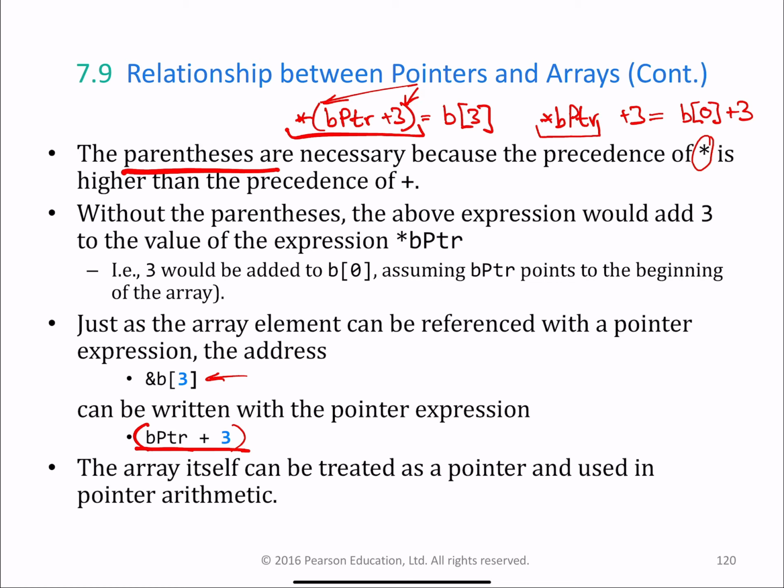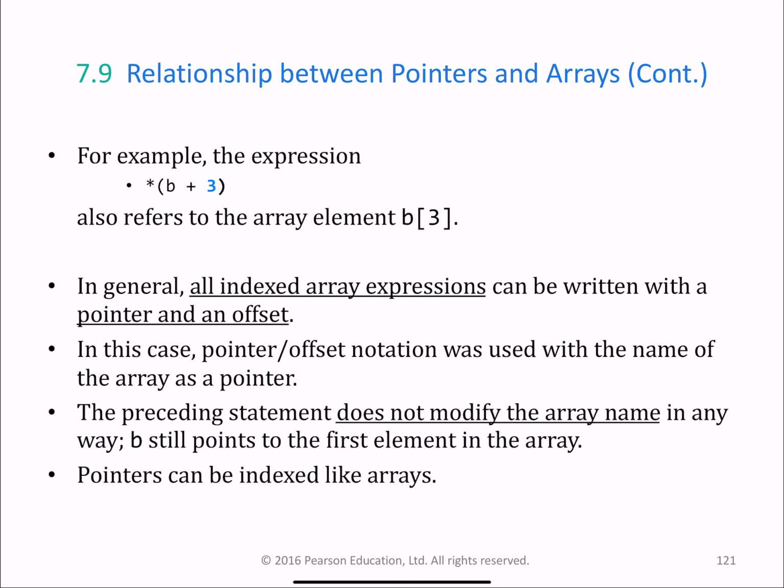We are skipping the dereferencing or pointer operator, the asterisk. So whether you use this notation or this notation, both can be used to access the same element number 3 in array B. In general, all indexed arrays can be written using this pointer offset notation.